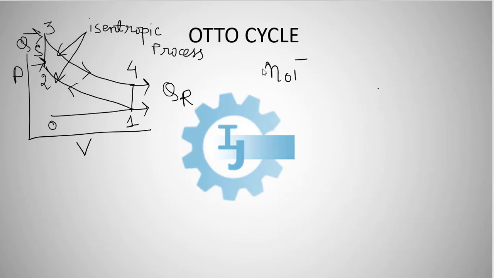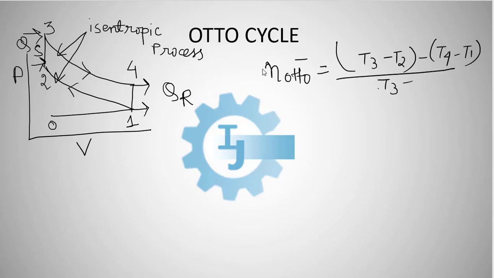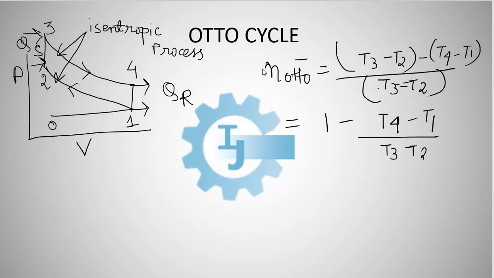Or we can write efficiency of Otto cycle is (T3 minus T2) minus (T4 minus T1) divided by (T3 minus T2). We are neglecting here the m and Cv. So it can be also reduced to 1 minus (T4 minus T1) divided by (T3 minus T2).